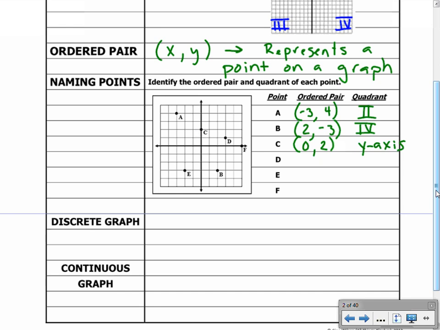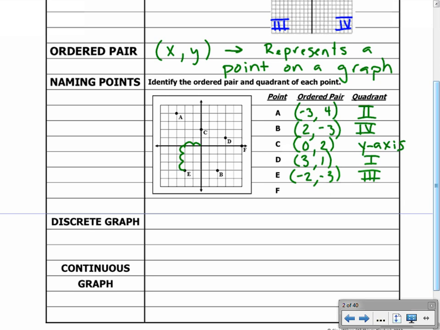For D, I have to go right 3 and up 1, so my ordered pair is 3 comma 1, and it's in quadrant 1. For point E, I have to go left 2, down 1, 2, 3, so it would be negative 2, negative 3, in quadrant 3.